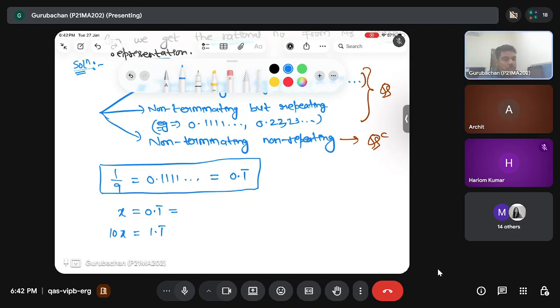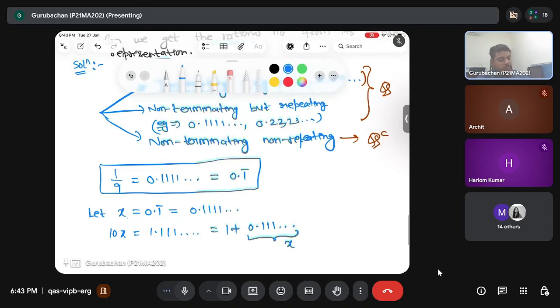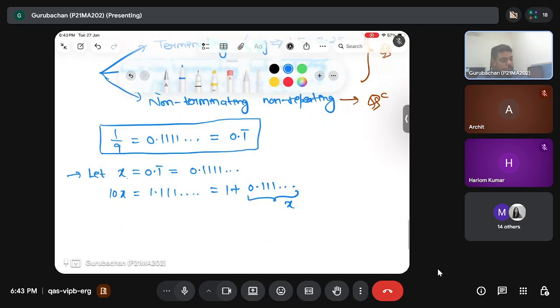Let me tell others also. Suppose we let x equal 0.1 bar, that means 0.111 and so on. When we multiply by 10, it will be 1.1111. Can we write it as 1 plus 0.11? This is nothing but x again.